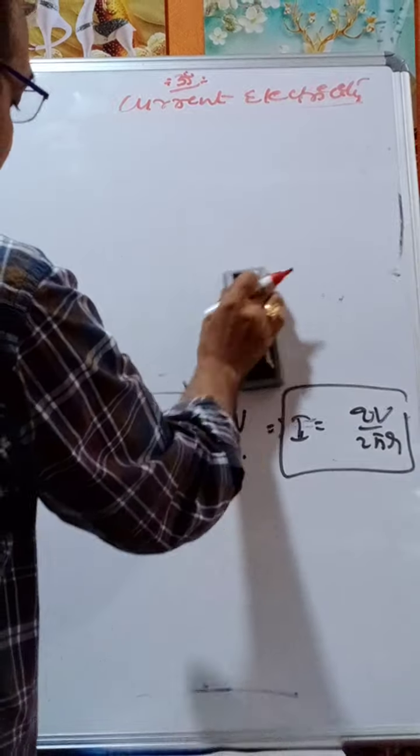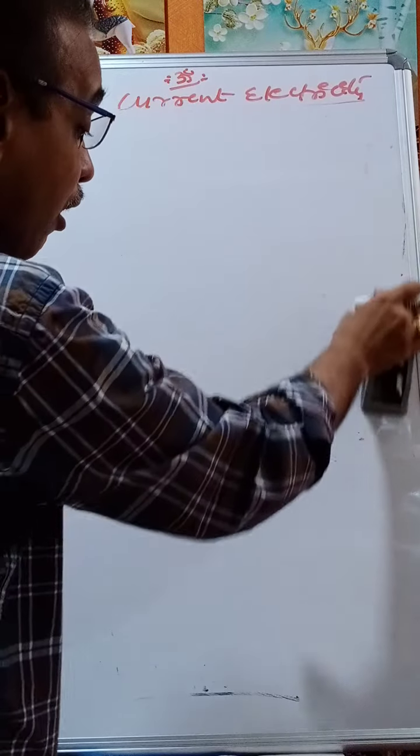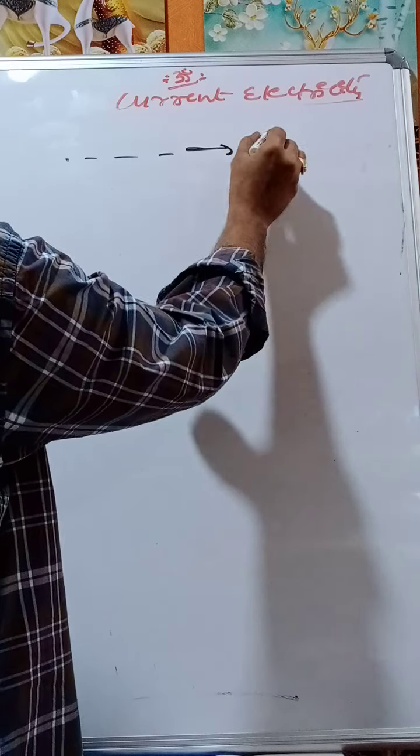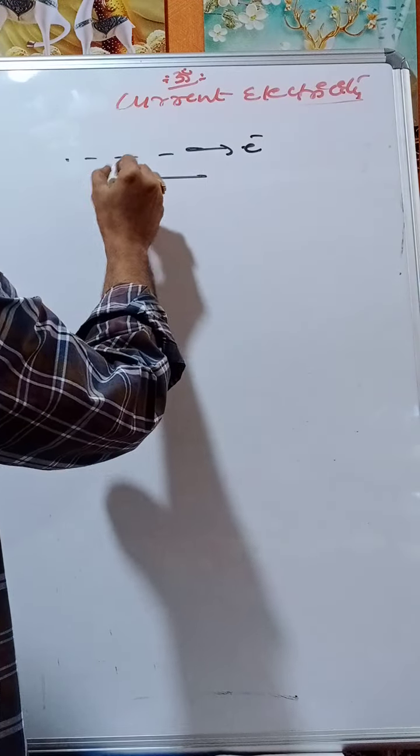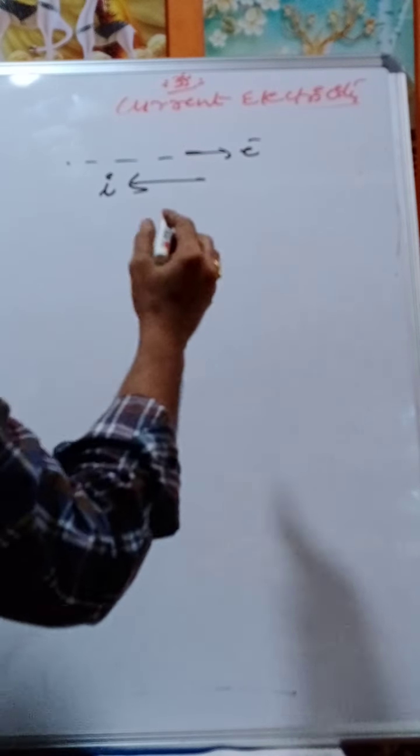Remember that the current always flows in a direction opposite to the direction of flow of electrons. If electrons are flowing like this, then current will be flowing like this. I think you know that protons are positive charge.